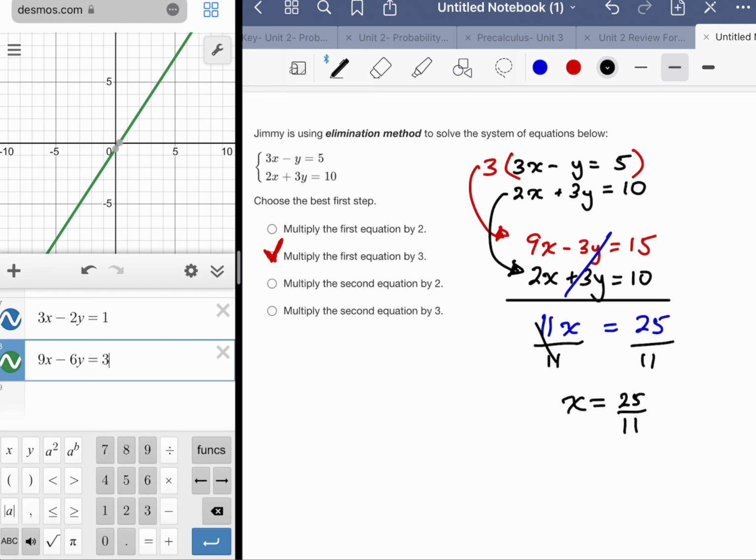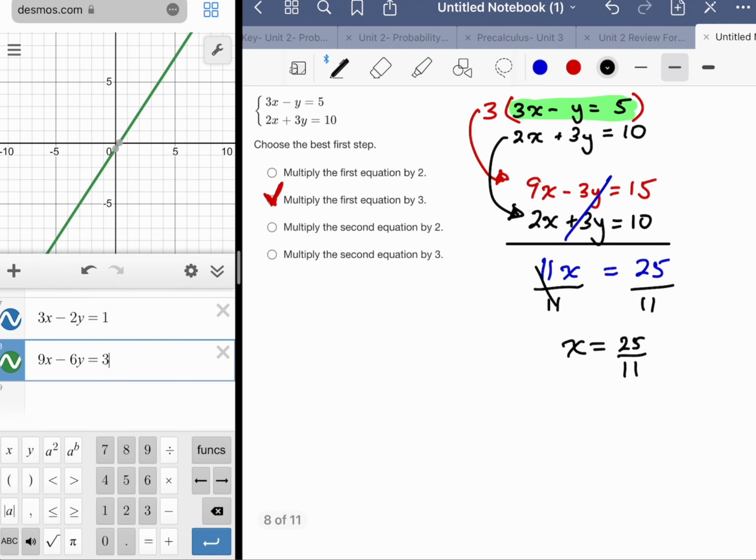And so what you would do to get our final answer here, because again, it's x comma y that we're looking for, whether it's elimination or substitution, choose one of the two original equations. I'll take the first one. Replace x with the 25 over 11.